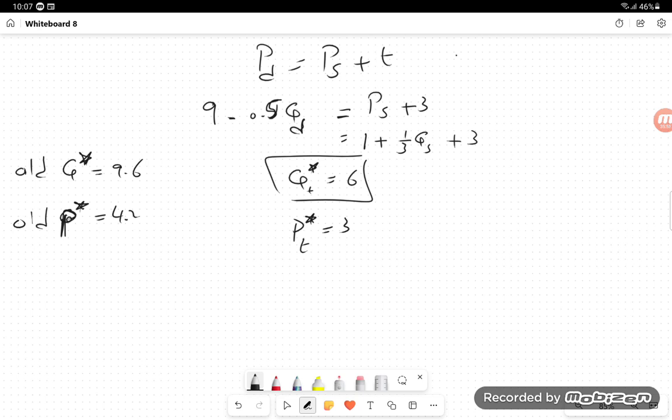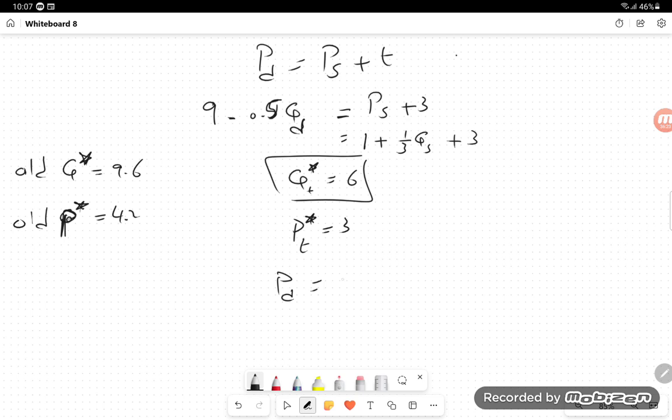But this is for the supply side. What about the demand side? We would like to calculate the price for the demand.